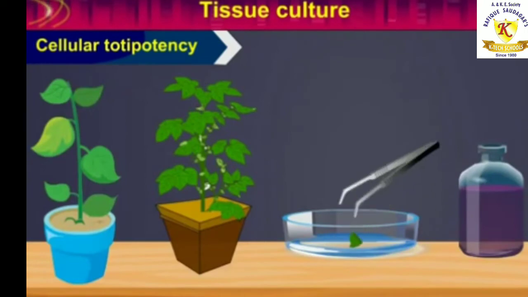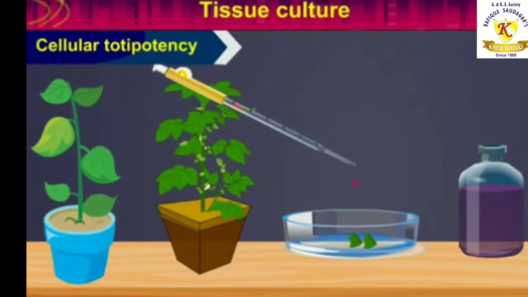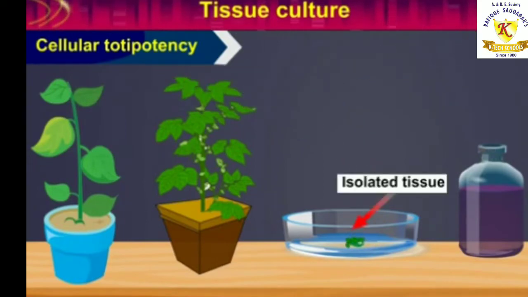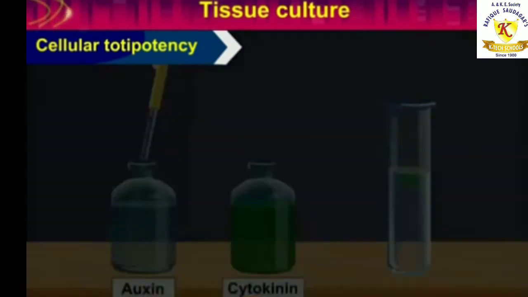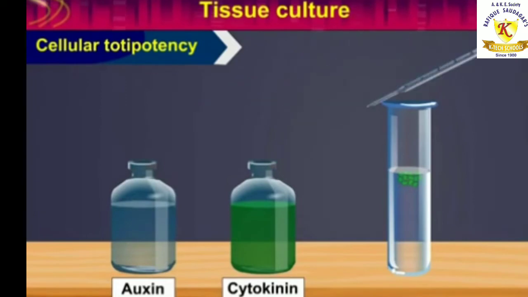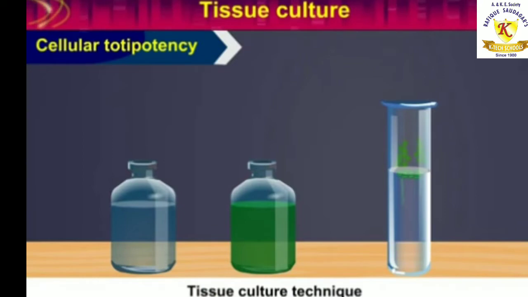The culturing or growing of isolated protoplast or cells or tissues or organ on nutrient medium under controlled aseptic conditions to produce a complete plant or plant part is called tissue culture techniques. Understood, children? Good.